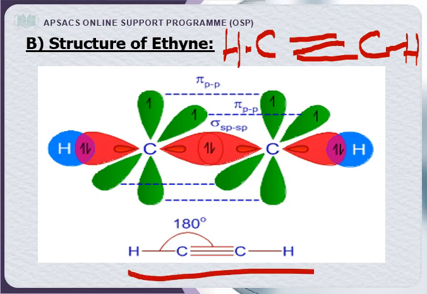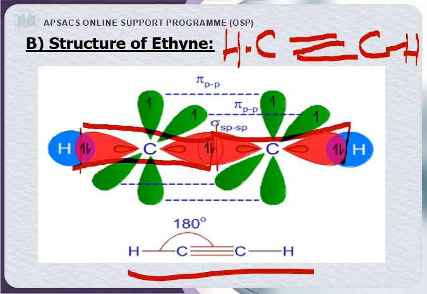You can see here each carbon is separately sp hybridized. 2 hybrid orbitals of this carbon and 2 hybrid orbitals of this carbon. Each orbital will be termed as sp hybrid orbital. Now they are arranged in a linear fashion with an angle of 180 degrees.